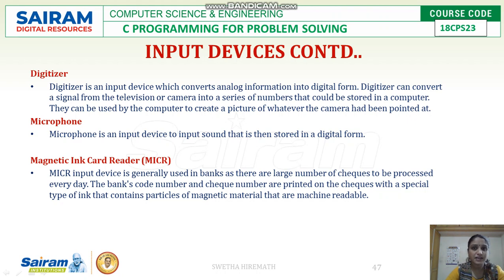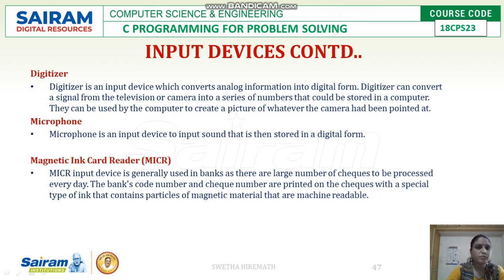For example, television programs and pictures we take through the camera have to be converted from analog into digital information, so they become pictures on our computer system.